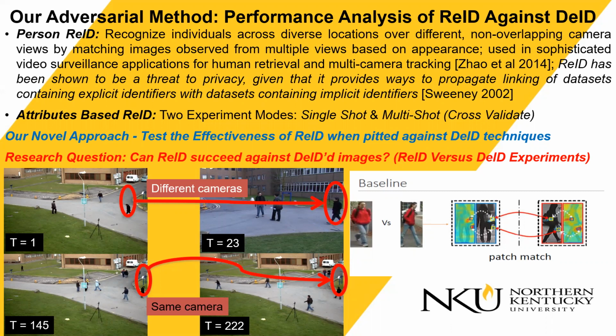What is most relevant to our work is the multi-shot mode, in which a person identification is done by cross-validating an individual's multiple shots across either the same camera or different camera views.